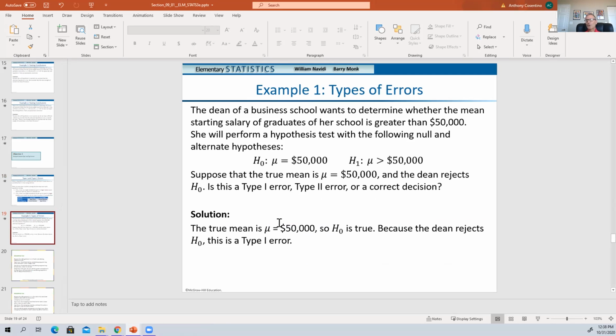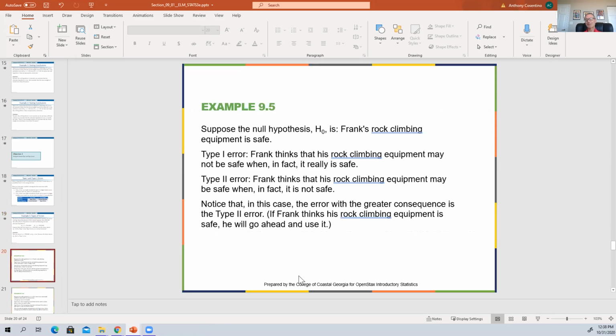But I think what's more important is not only to recognize what kind of errors they are, but when you run these tests, to make sure you know which error is the most critical. Usually one of them is more critical than the other. These are kind of fun examples that I took out of a different book. Suppose that the null hypothesis is Frank's rock climbing equipment is safe.